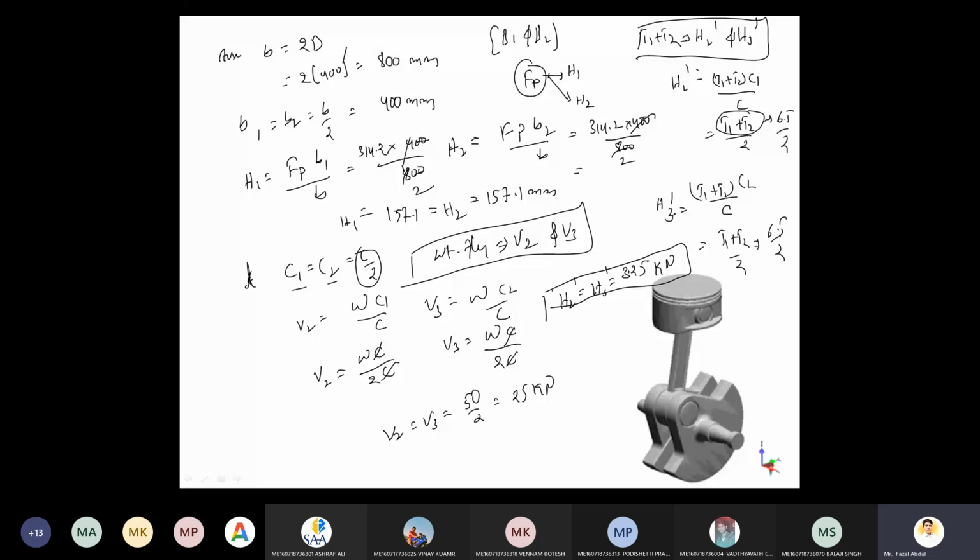I calculated these parameters separately. For every problem in crankshaft design, these parameters are common: H1, H2, V2, V3, H2 dash, H3 dash.